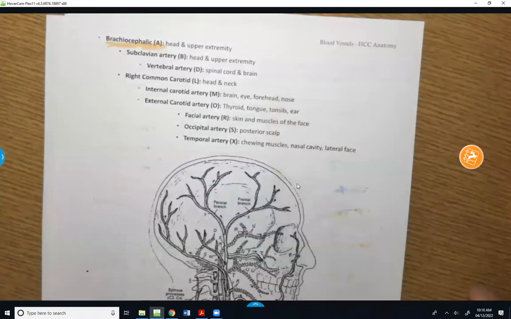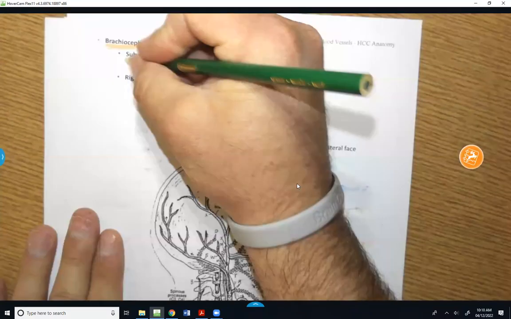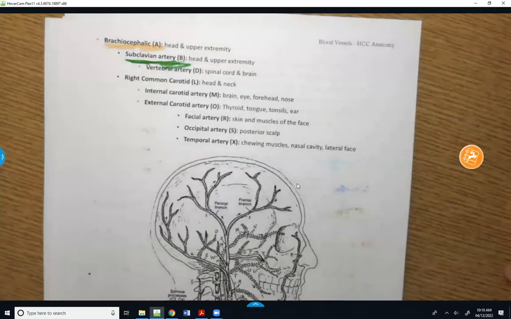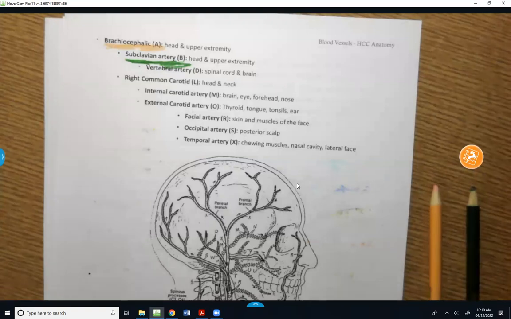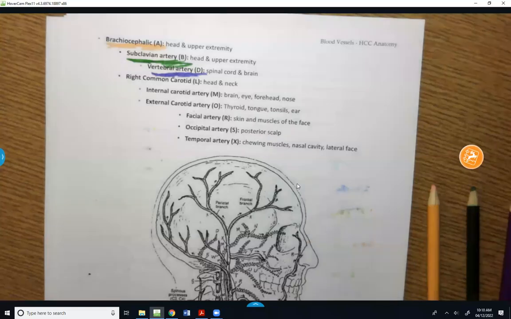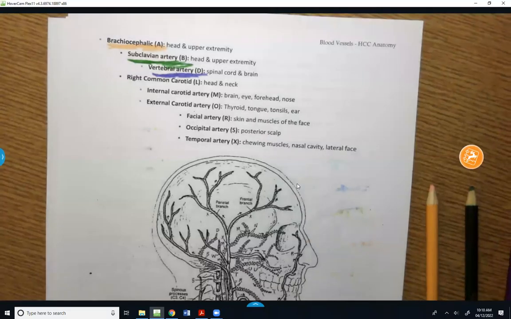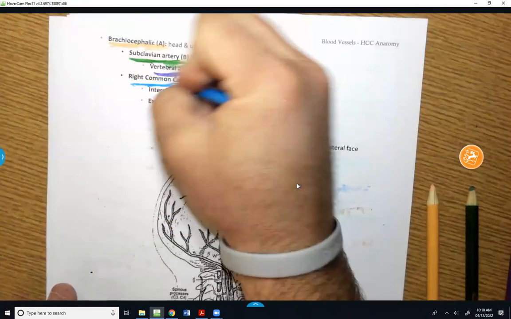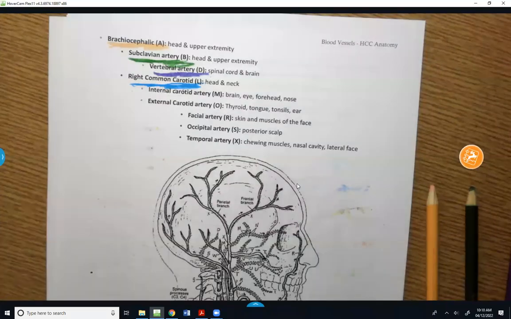So color coding things out. We got the brachiocephalic first, and I will color that peach. The subclavian, I'm going to color kind of this lighter green color. Coming off of it, purple, I will color the vertebral artery. The other branch coming off of the brachiocephalic, as we've already seen, in this case will be the right common carotid.